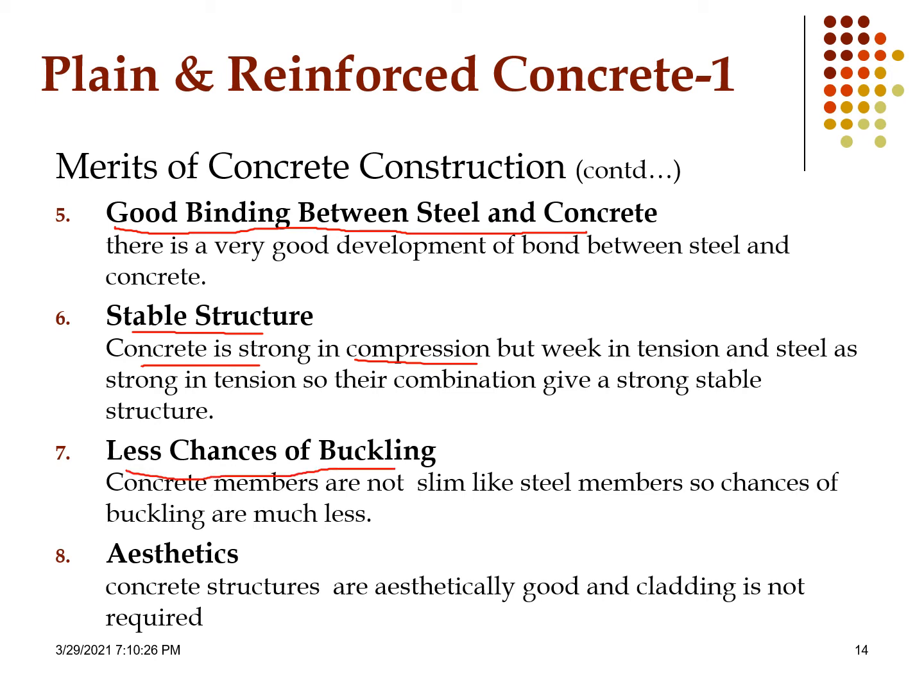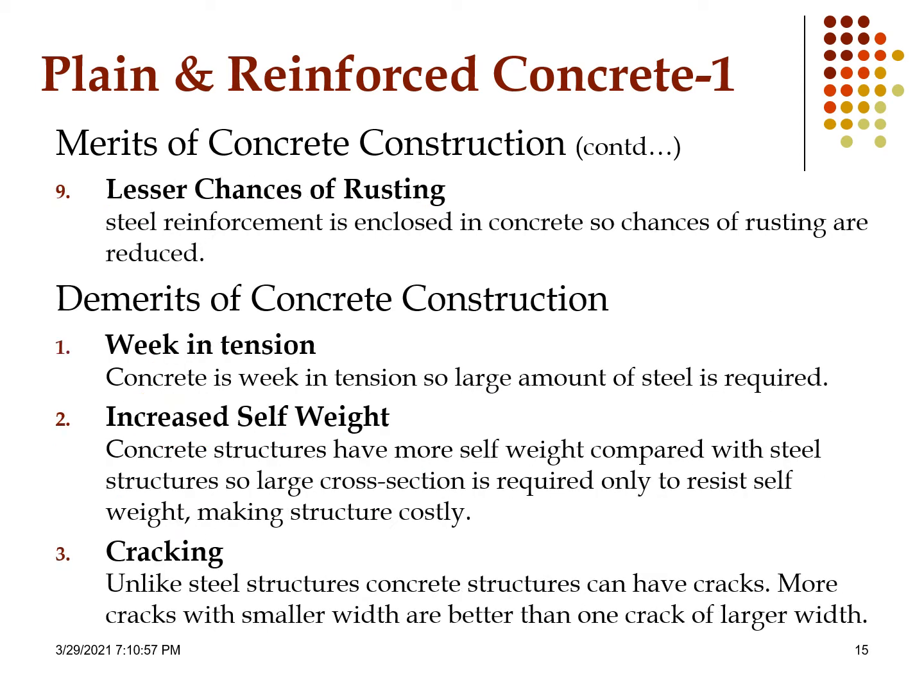Similarly, aesthetically, concrete structure gives us good aesthetics, as we can provide any shape in concrete structure. However, in case of steel structure, we are restricted with the shape. But in case of concrete structure, we can provide shape of our own choice. In case of concrete structure, we have lesser chances of rusting.